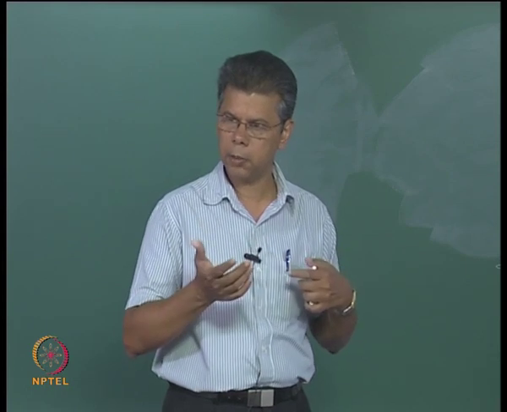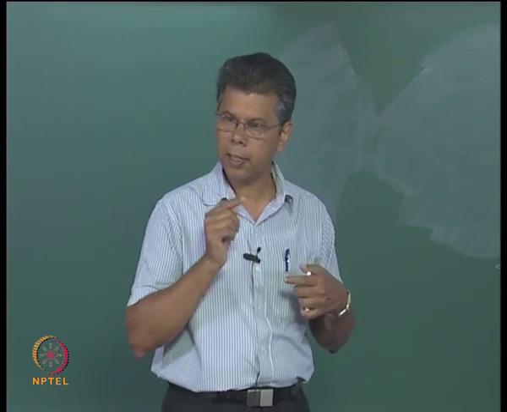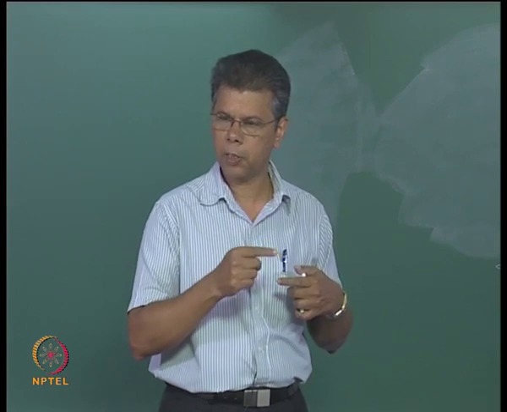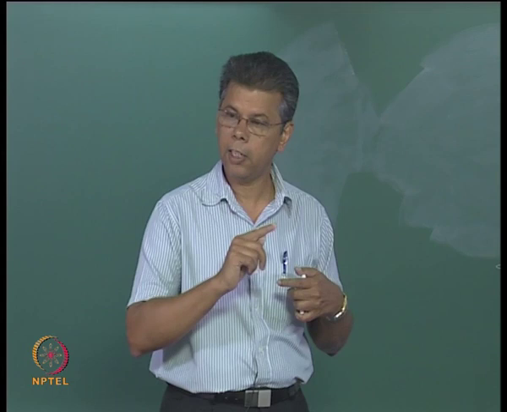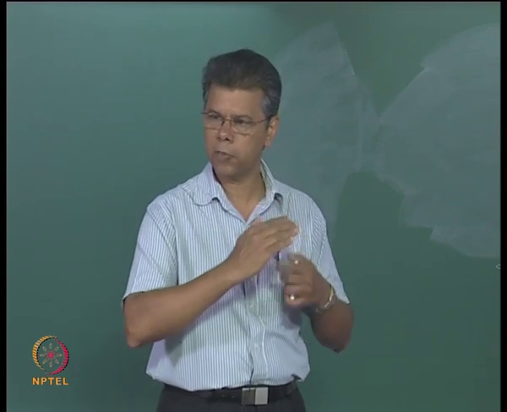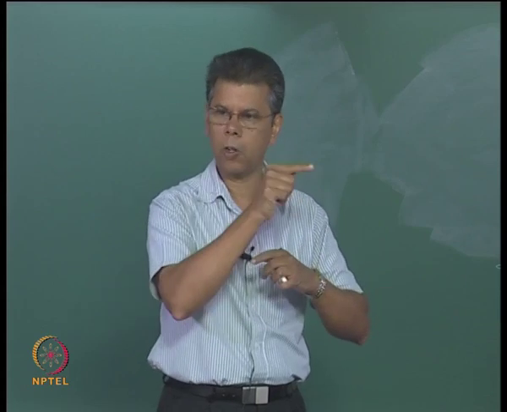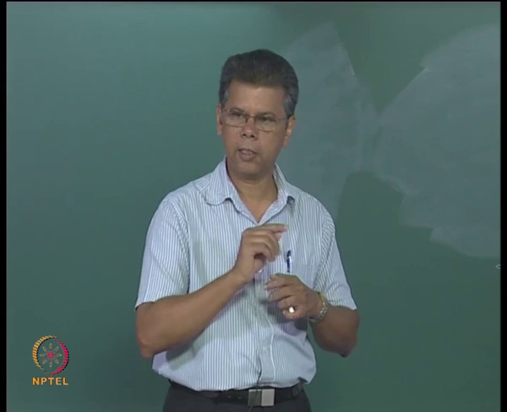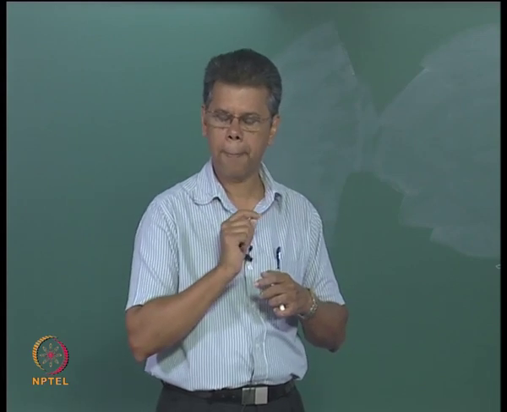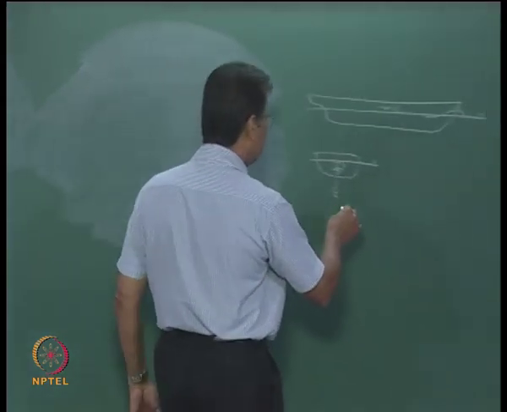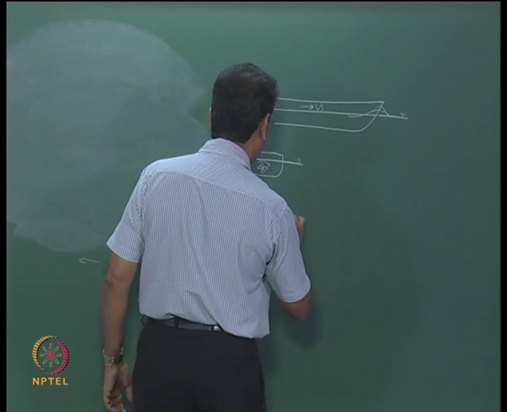Asymmetry in the pressure distribution results in the resultant force generated by the propeller being slightly off the center line, because pressure is not the same on either side. If the pressure is the same on either side, it will act along the center line. Since the pressure is not the same, the resultant force will be slightly off the center line. If the resultant force is slightly off the center line, what happens? Suppose you consider this view.